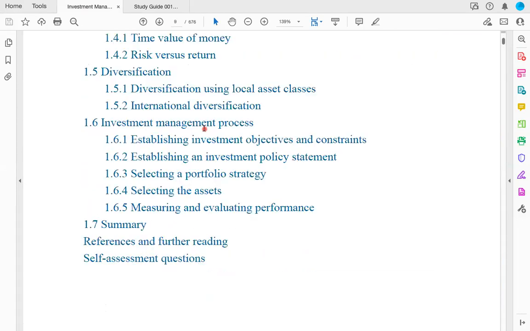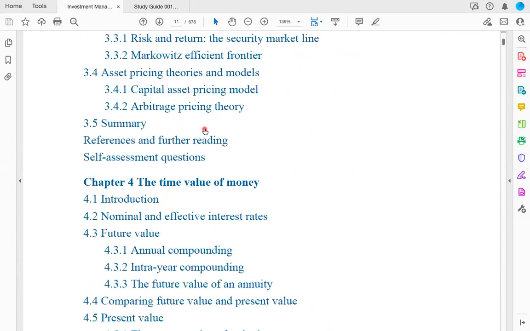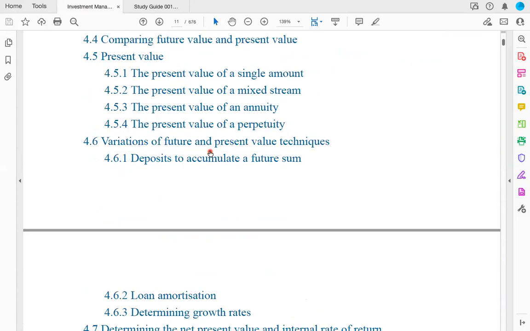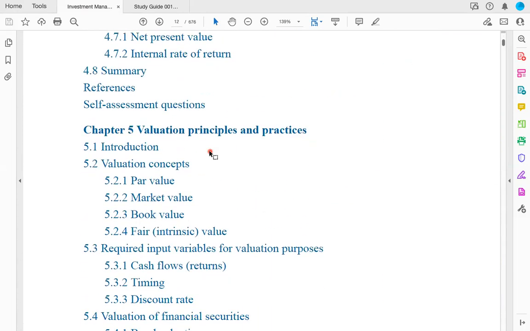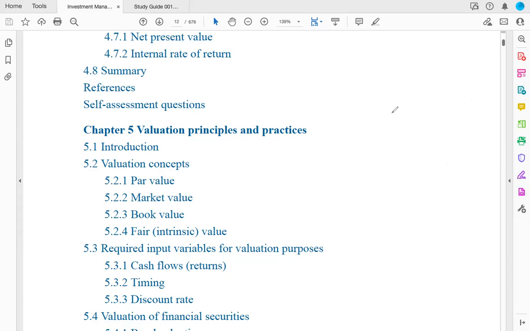But the nice thing about this module is that there are certain key areas you need to focus on to help you with these 3 modules I told you about earlier, as an orientation to them if you're going to do investments later on.